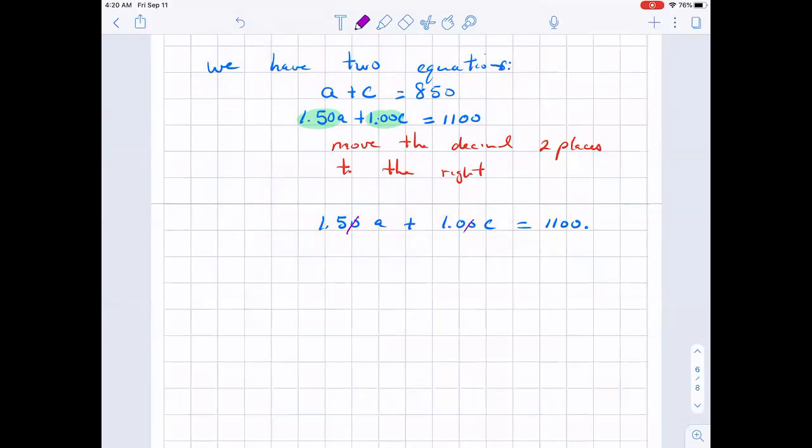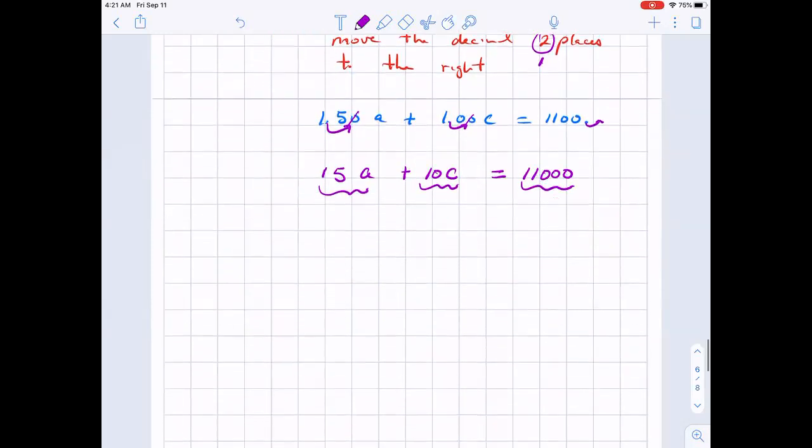So you can just move it 1. So this here, you could just move it 1 place value, and here you have 1. So if you move it 1, this becomes 15A plus 10C is equal to now 11,000. If you wanted to move it 2, you'll have 150A, 100C, and 110,000. Just that the numbers are bigger.